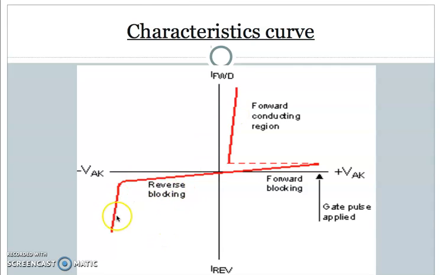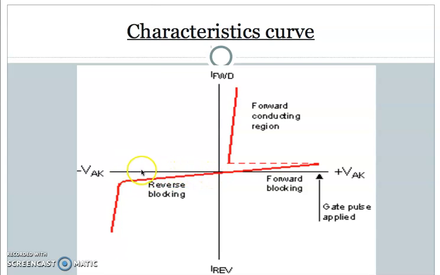And if we talk about the reverse blocking region, when the SCR is reverse biased, earlier J1 and J3 were forward biased, and now they are going to become reverse biased. Only J2 is forward biased. If any of the junctions is reverse biased, no current flows. That is why a very small leakage current flows, which is in microamperes. It is almost constant.